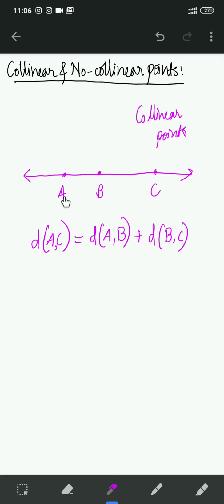Since B is in between A and C, the distance between points A and C is equal to the distance between points A and B plus the distance between points B and C. As you can see here, this distance is the sum of this distance plus this distance. That is what we call betweenness, which we can study.